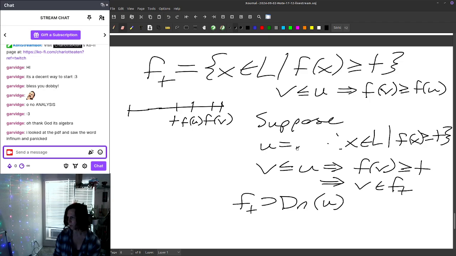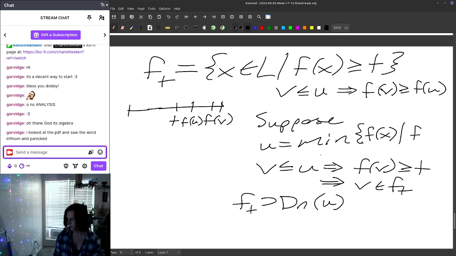okay, let me rewrite this. It's probably clear from the picture what I meant, but I was being sloppy when I explained what this was. So the thing that minimizes the set of the f of x's where f of x is greater than or equal to t, where x actually has to be in the lattice.